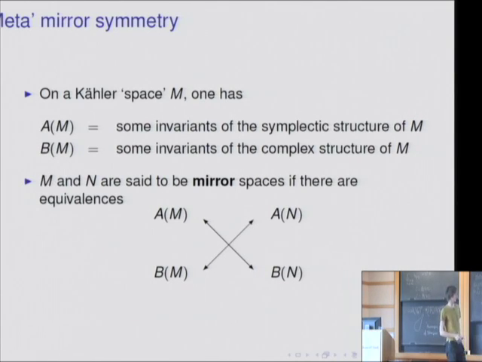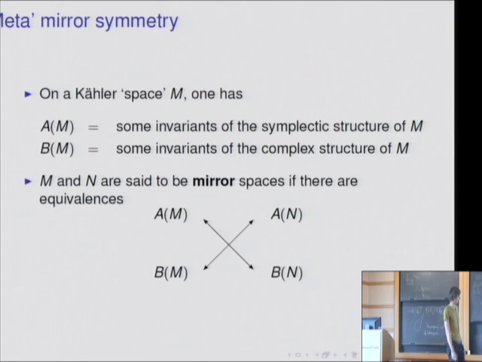Some invariants are usually called the A model, terminology coming from string theory. These are invariants of the symplectic structure. They somehow don't depend on the complex structure of the manifold. We've also got invariants called the B model, which are invariants of the complex structure. There's this really strange phenomenon called mirror symmetry coming from physics.